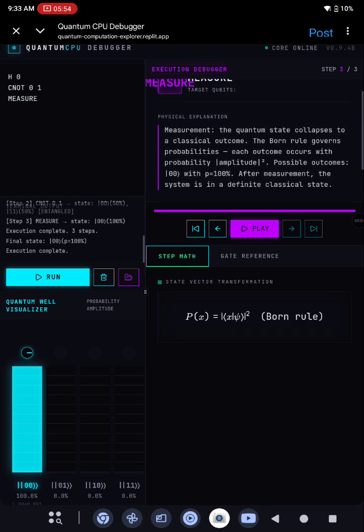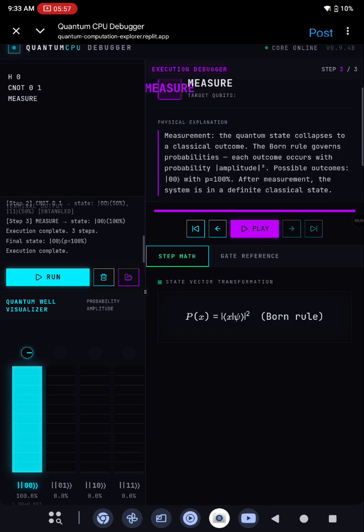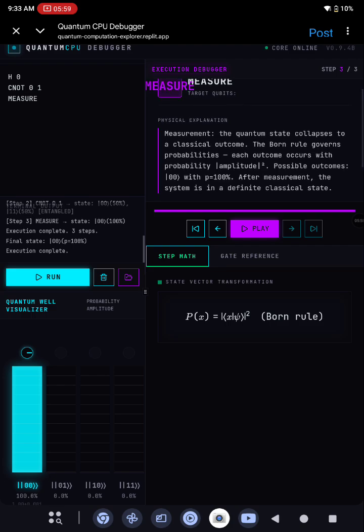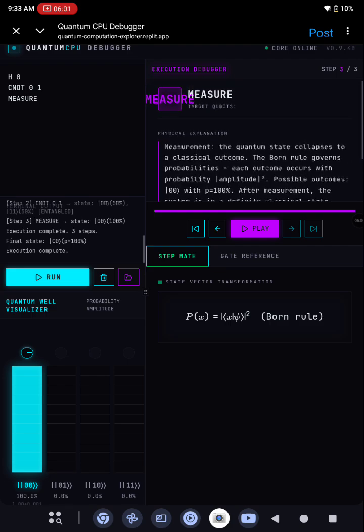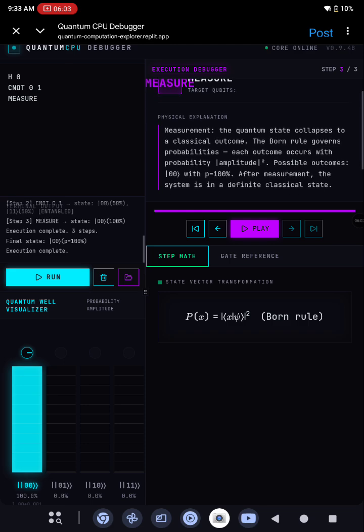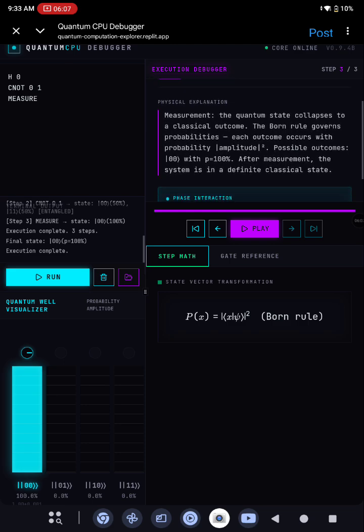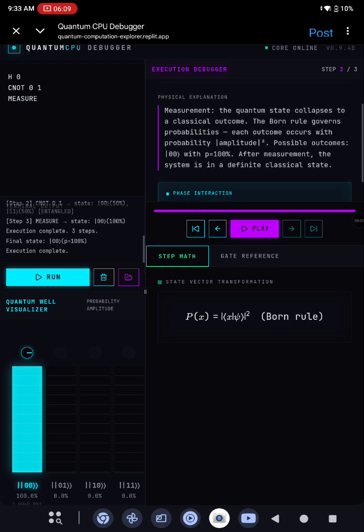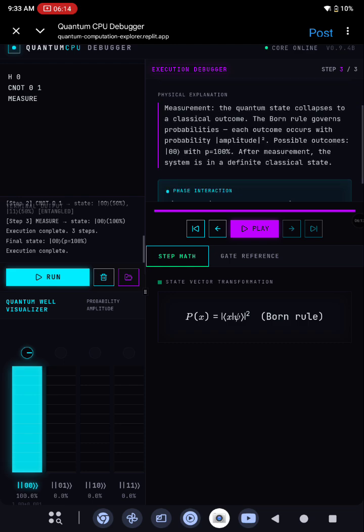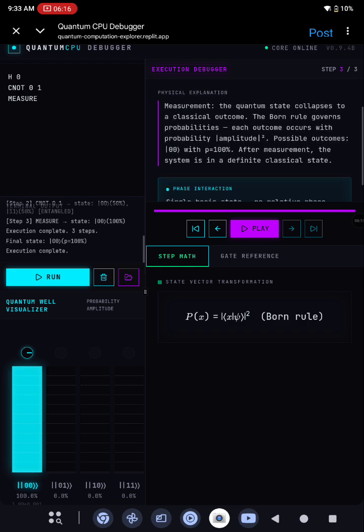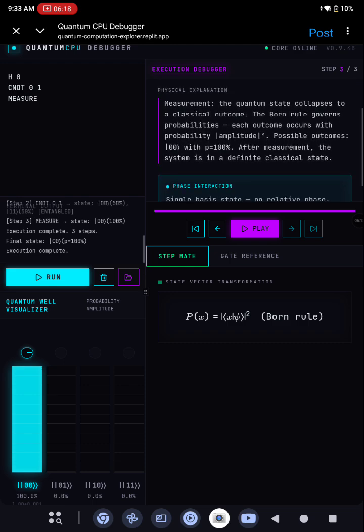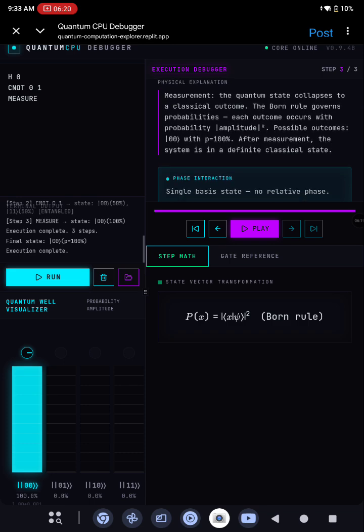There's the measurement. Instruction 3 on the quantum CPU debugger assembly. The quantum state collapses to a classical outcome. The Born rule governs probabilities. That's the measurement, the collapse measurement. Each outcome occurs with probability of the amplitude squared.